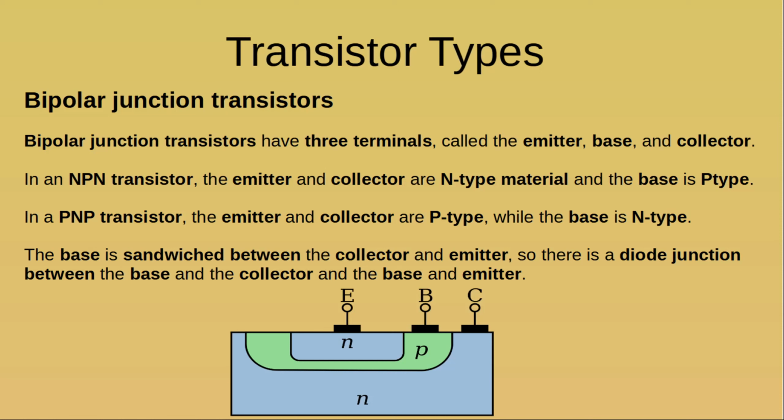There's a multiplier ratio of the collector emitter current to the base emitter current. For a typical little transistor, it may be 50 to 100. So for every microamp on base to emitter, you get 50 to 100 microamps collector to emitter. That's where the gain comes from.